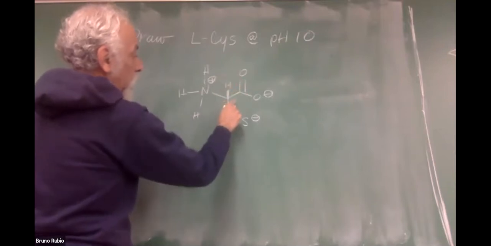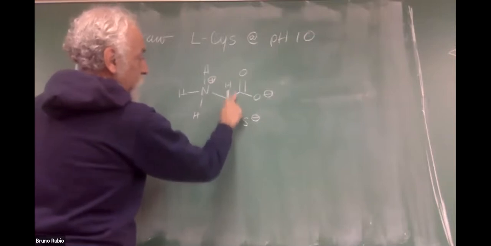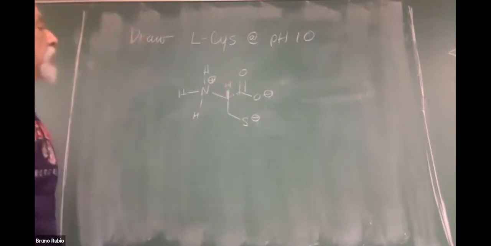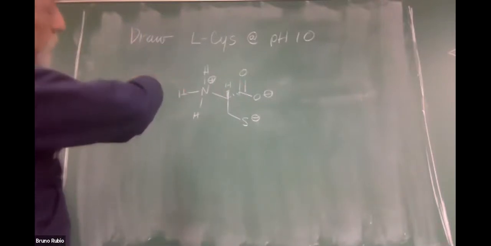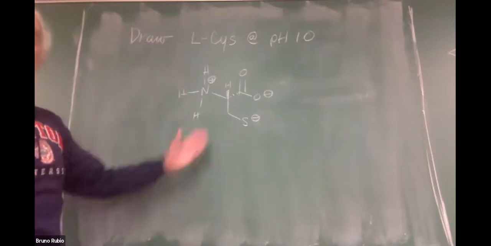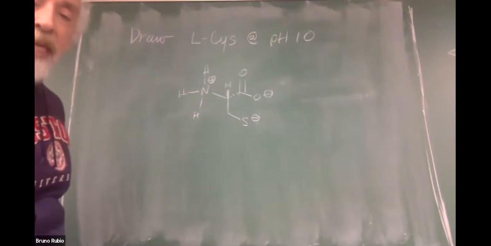Reverse R. And maybe how about dashing this one? 1, 2, 3, reverse R. Yep. Okay, and so that would be L-cysteine at pH 10.